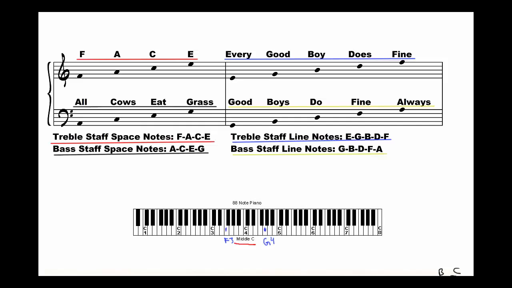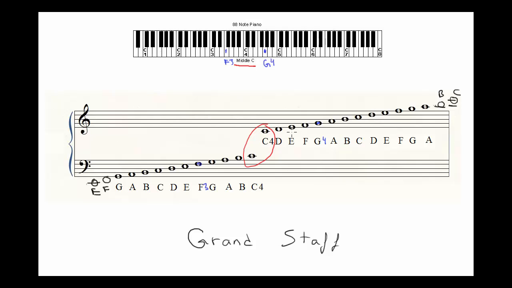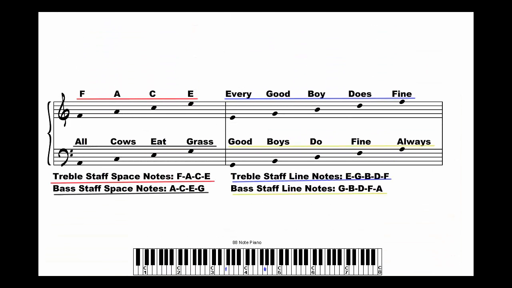So if we come back down to this graph, we can see every good boy does fine. Or if we see the spaces, all cows eat grass. Okay?